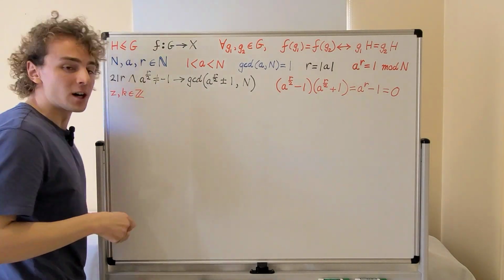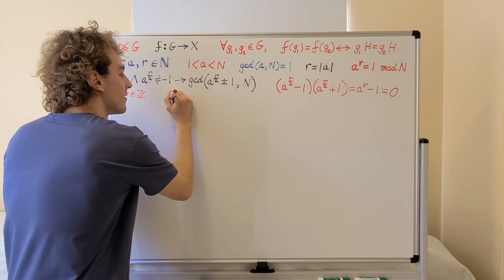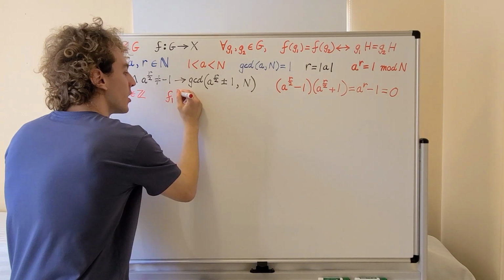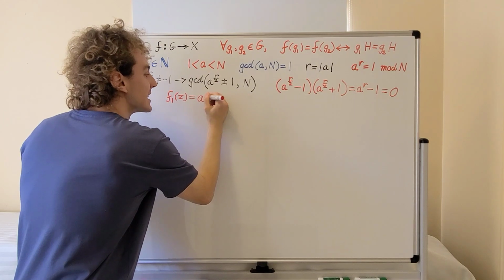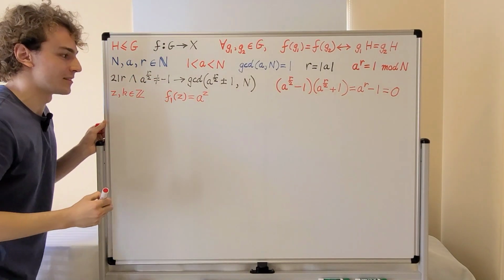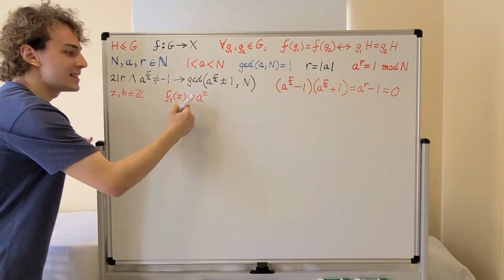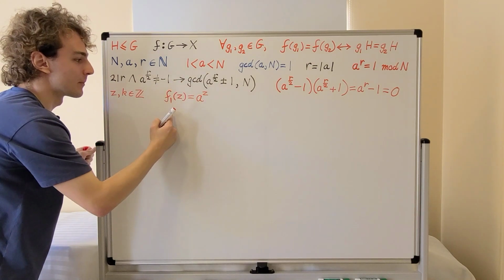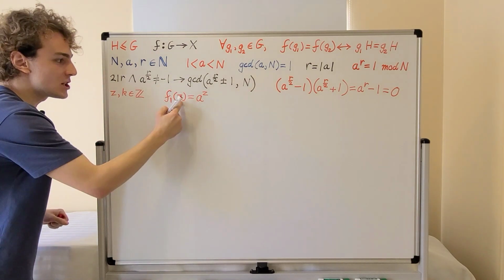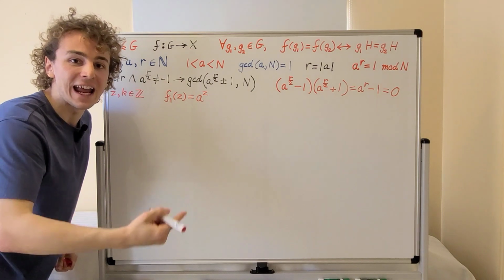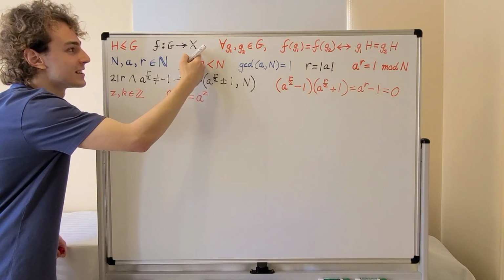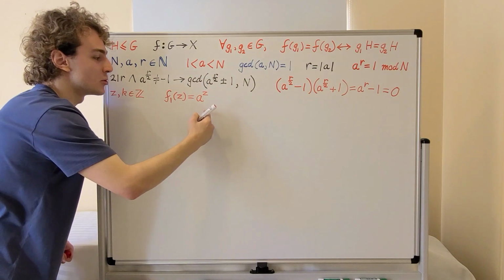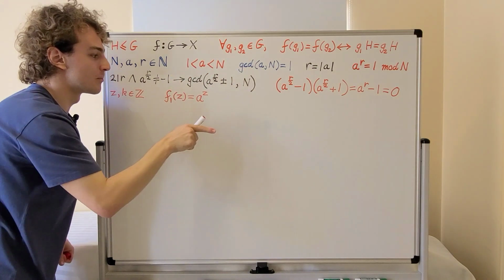And we're going to define a function f1, which takes in the input z and maps it to a^z. So that is the function that we're defining over here. And it's taking an integer and it's mapping it to a power of a. The powers of a, they form this finite set, X over here. So that is the set that we're mapping to.